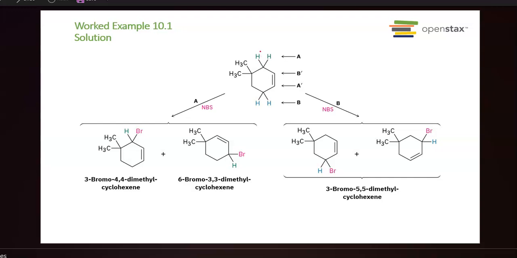You will have to target the allylic positions again and form the different products. Since this is an unsymmetrical alkene, you will end up with 4 different products: first targeting these 2 allylic hydrogens, and then targeting these 2 allylic hydrogens. So that's how this has been worked out.